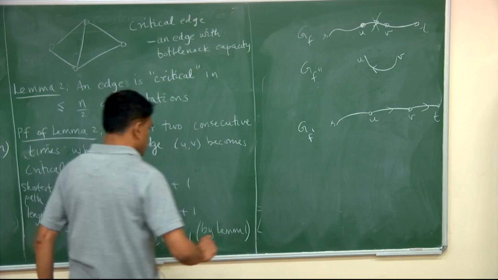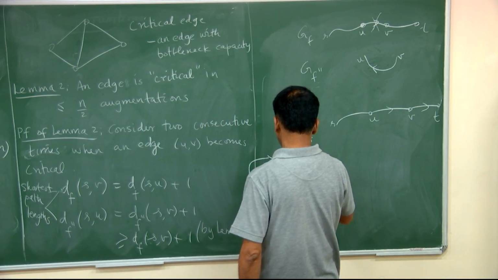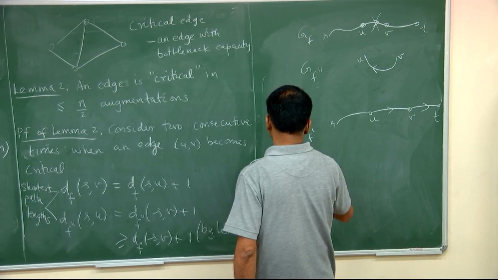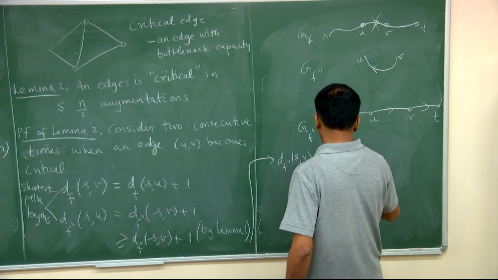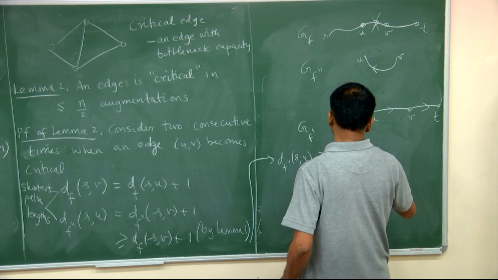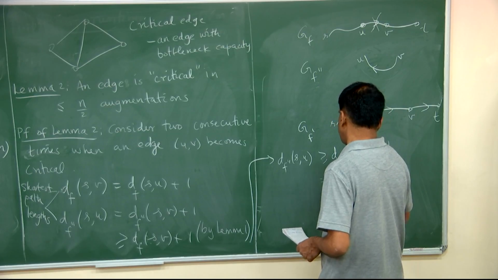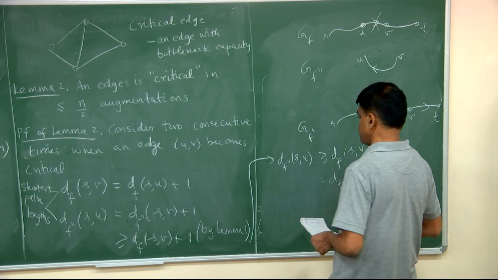So what I have is dF double prime of SU is greater than or equal to dF of SV plus 1, but dF of SV is equal to dF of SU plus 2.